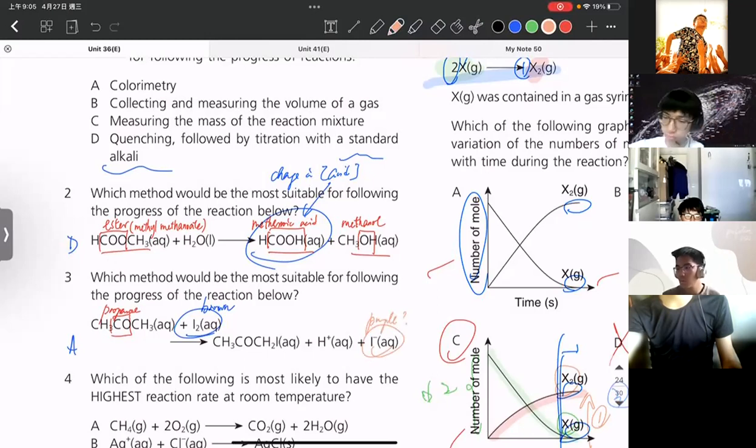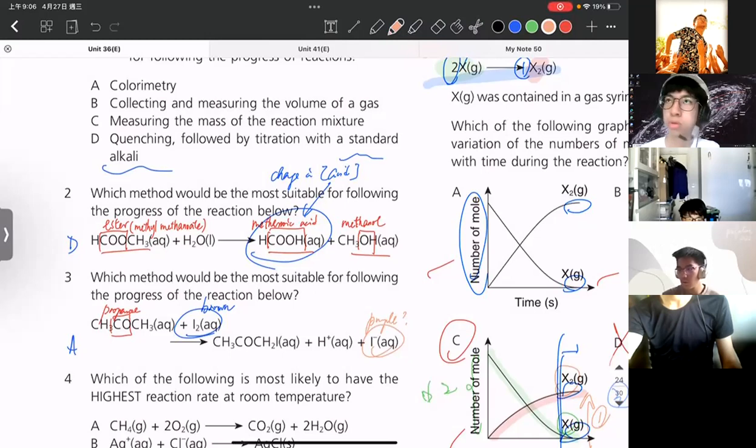Agree? Iodine is purple. So what is the color change during the whole progress of a reaction? From brown to purple.